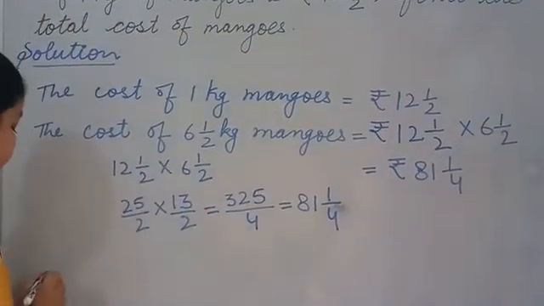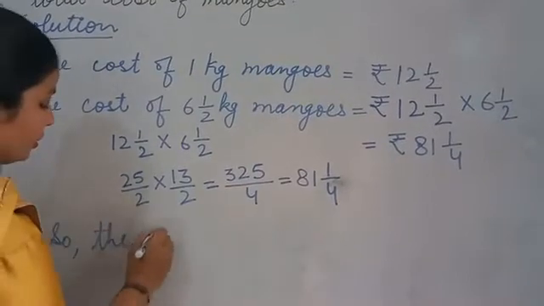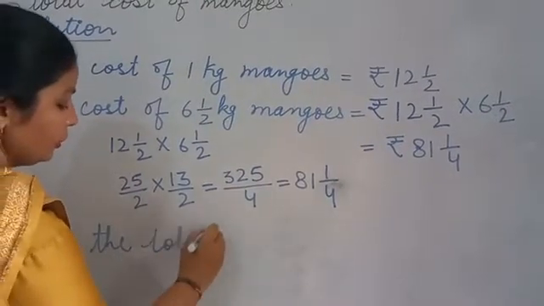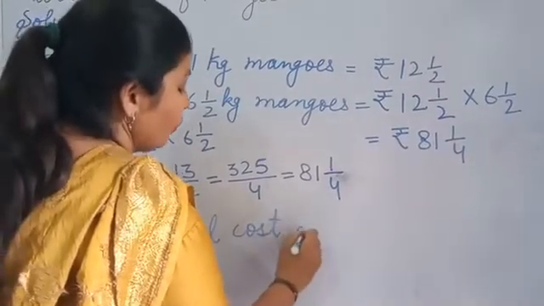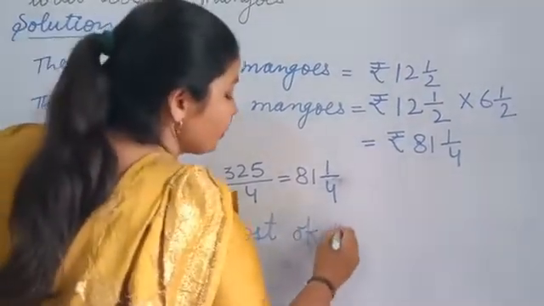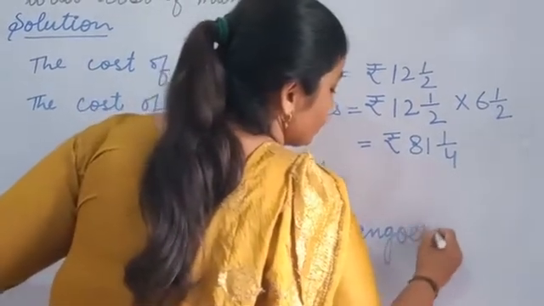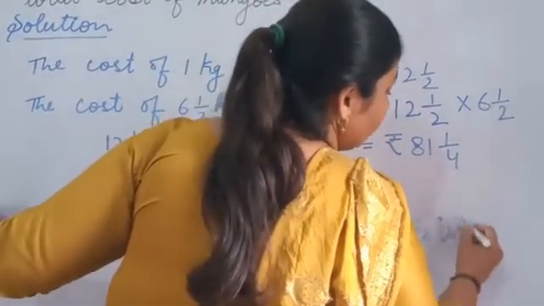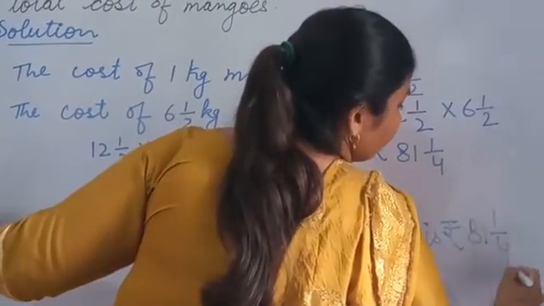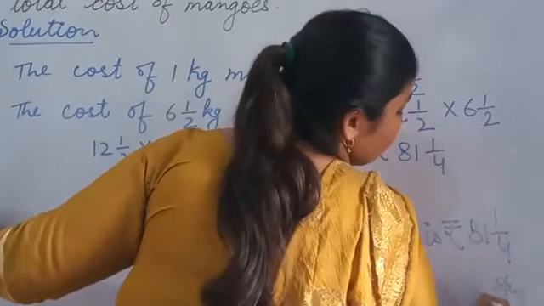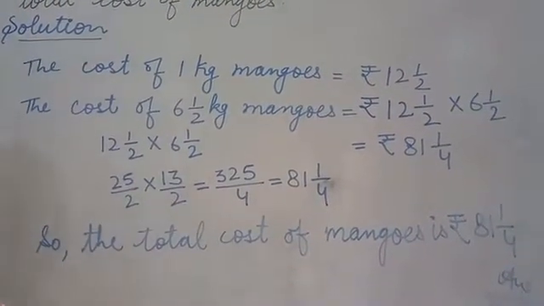So the total cost of mangoes is rupees 81 whole 1 upon 4. That's your answer. Okay, so like this you will solve question number 2.